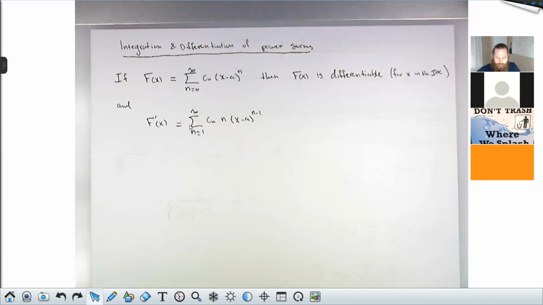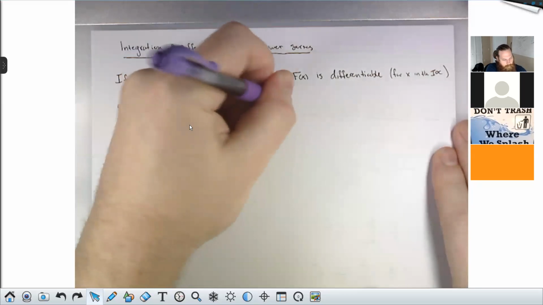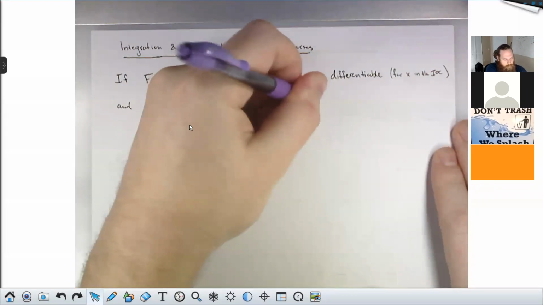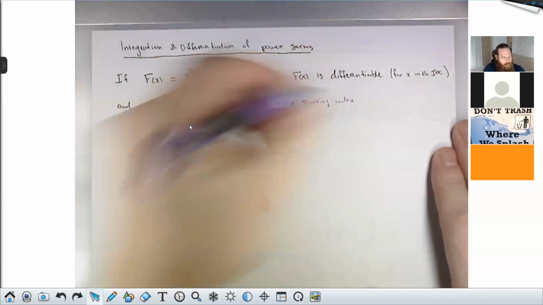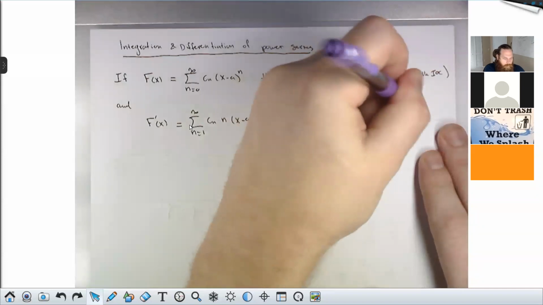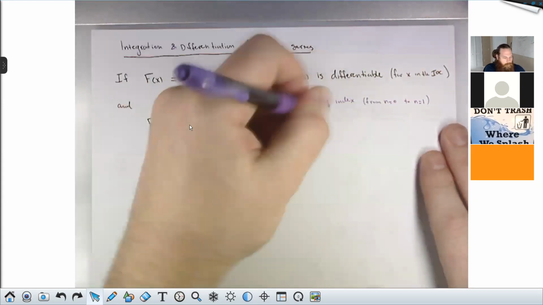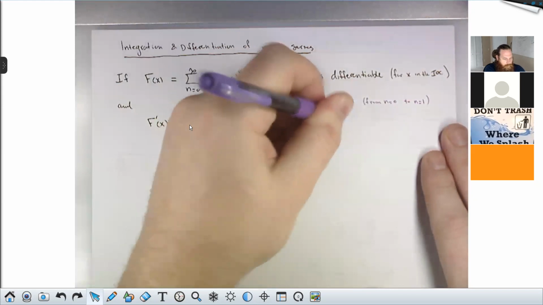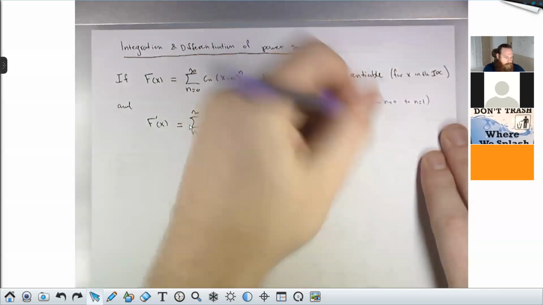The rule here, and I get asked this a lot, usually just before exam 3 or just before the final, is that you bump the starting index, in this case from n equals 0 to n equals 1, only if the original series has a constant term.